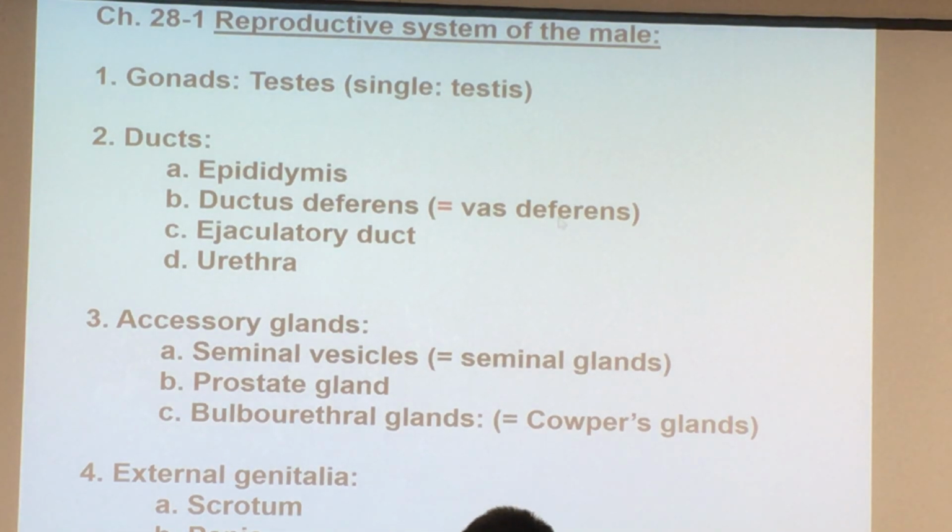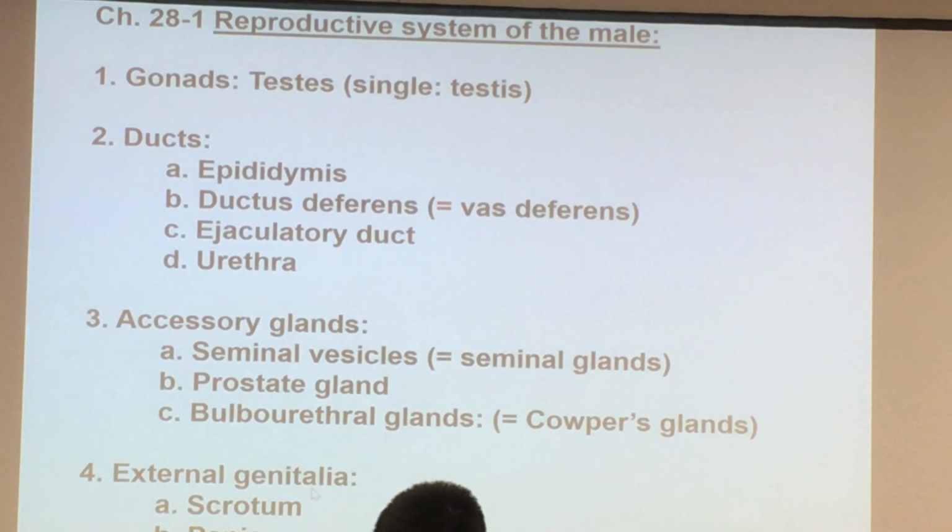Deferens means carried away. Then the ejaculatory duct, and the urethra is the passageway. Accessory glands: the seminal vesicle, more recently called the seminal gland. The prostate gland has only one. The bulbourethral glands have two, we call them Cowper's glands. External genitalia are the scrotum, which covers the testes, and the penis is the pathway.